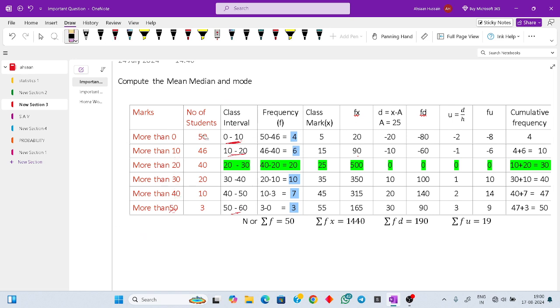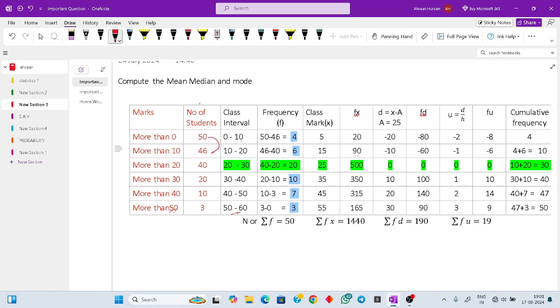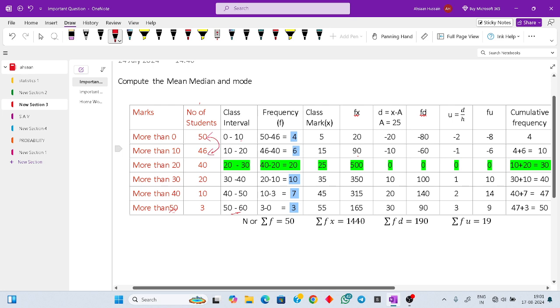Now, just like we have converted the marks into class interval in a continuous series, we have to convert this data because this is not our frequency. This is the cumulative frequency in reversed manner. So what you have to do is, first of all, subtract these two values: 50 minus 46 will give 4.